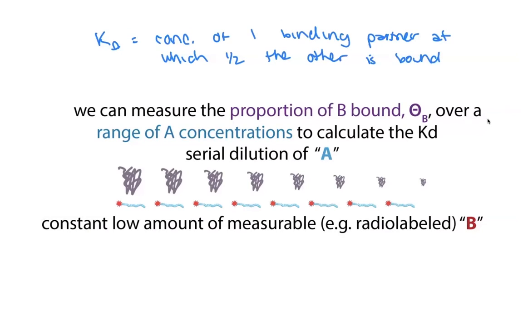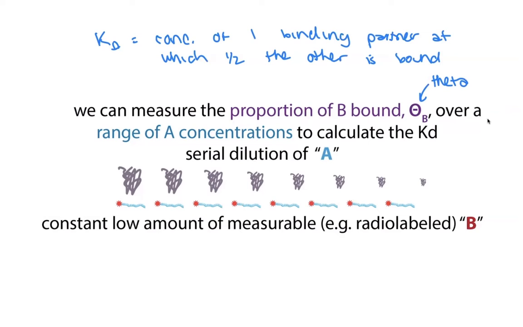But basically, we have this connection between the concentration of one binding partner and the probability that we're going to find the other partner married to it. So if we can measure the proportion of B bound, which we often abbreviate as theta B, over a range of concentrations of A, we can then calculate the KD.